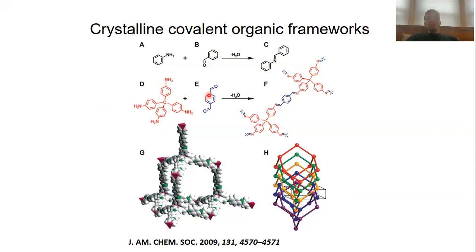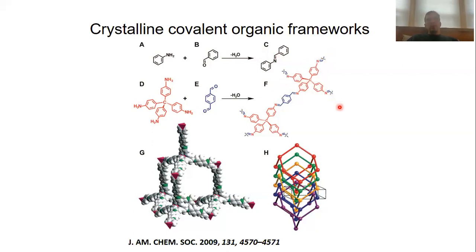And then react this with a dialdehyde, the 1,4 dialdehyde, as a linear building unit. Okay, and then you basically interconnect via the nitrogens at the tetratopic building unit with that phenylene ring here. Okay, and of course that reaction proceeds in all 3 dimensions.